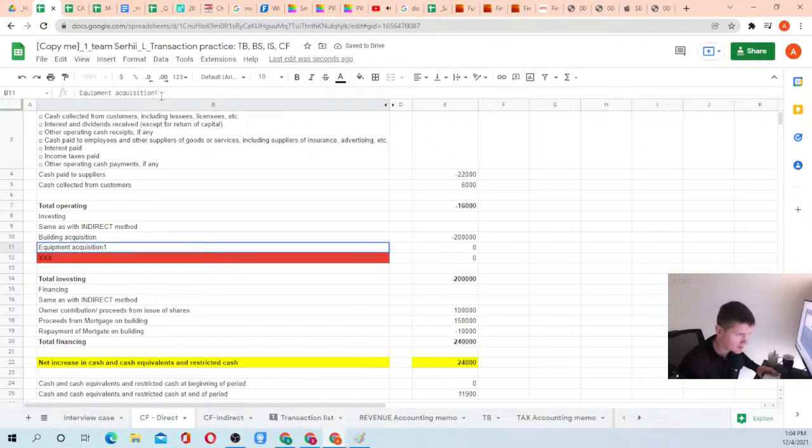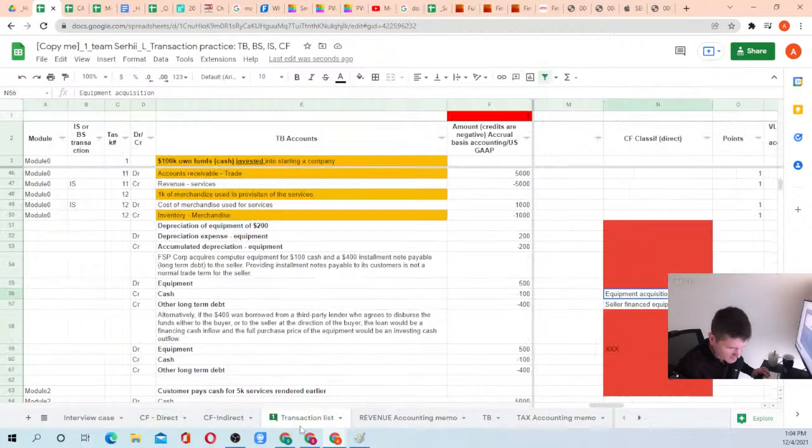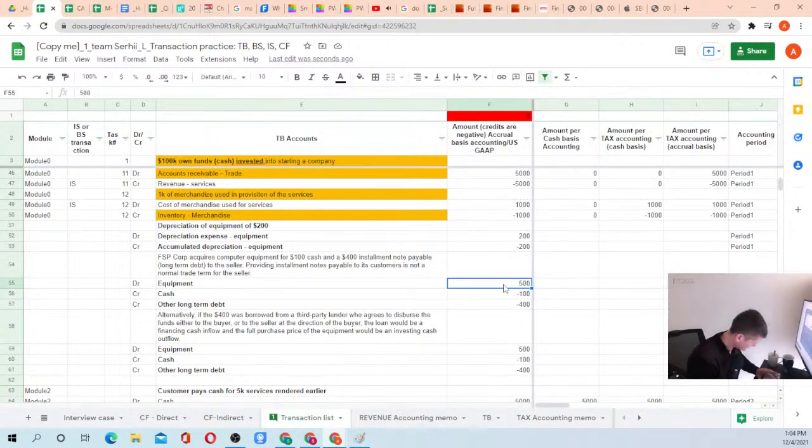Okay, this way it works. So for some reason my formula stopped working. Might it be due to some nature with these numbers?